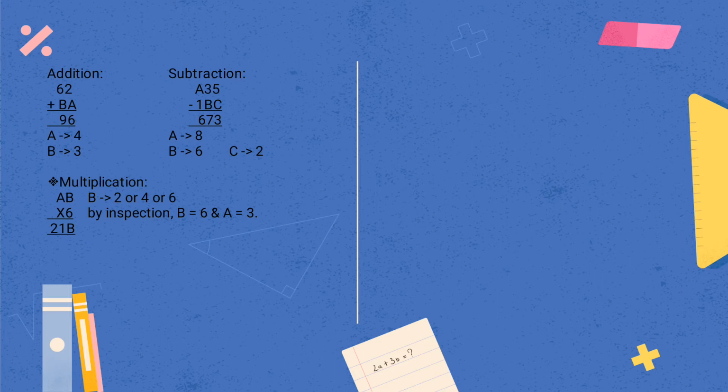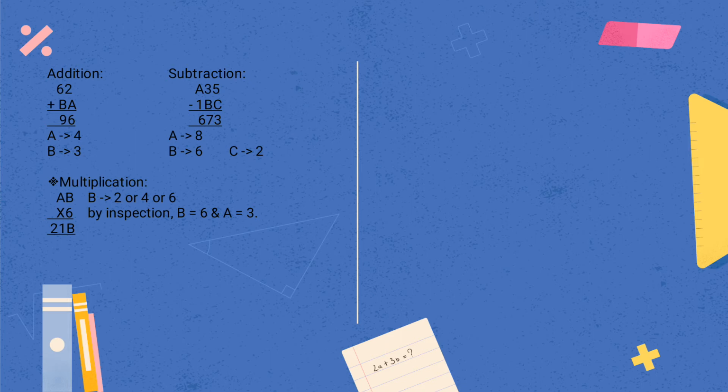If you subtract 1 from 8, you will get 7, but we already took 1 as carry over on 3, right? So that's why A will be 8. After carrying 1 to 3, A will remain 7, and if you subtract 1 from 7 you will get 6. So we can say that A will be 8, B will be 6, and C will be 2.